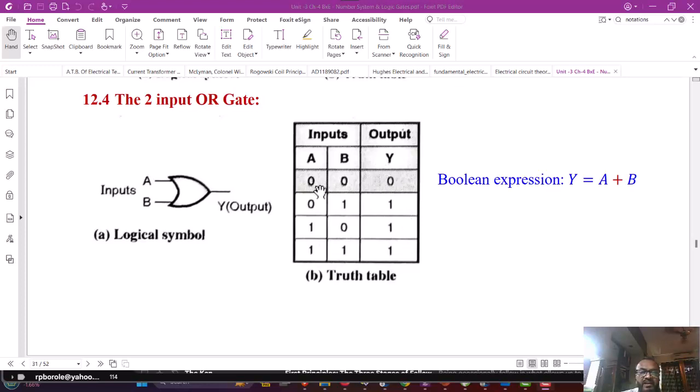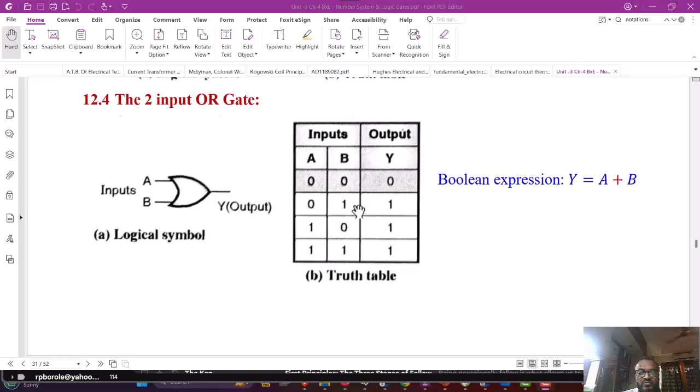Let us see here, when A and B both are 0, output Y, A or B, equals 0, and it is represented by the expression Y equal to A or B. This plus sign indicates the ORing operation.